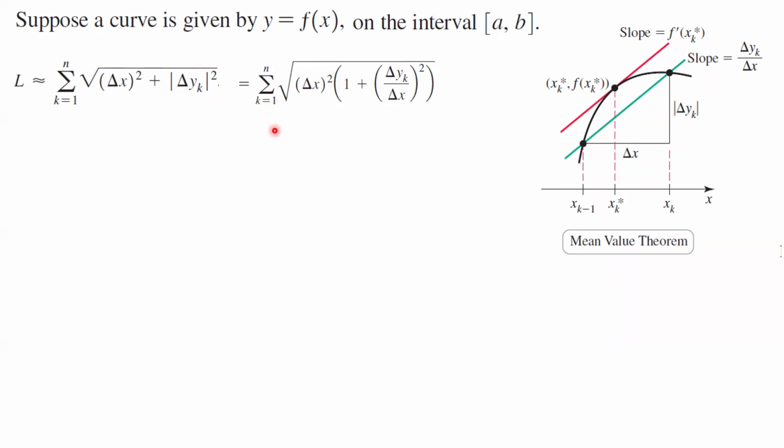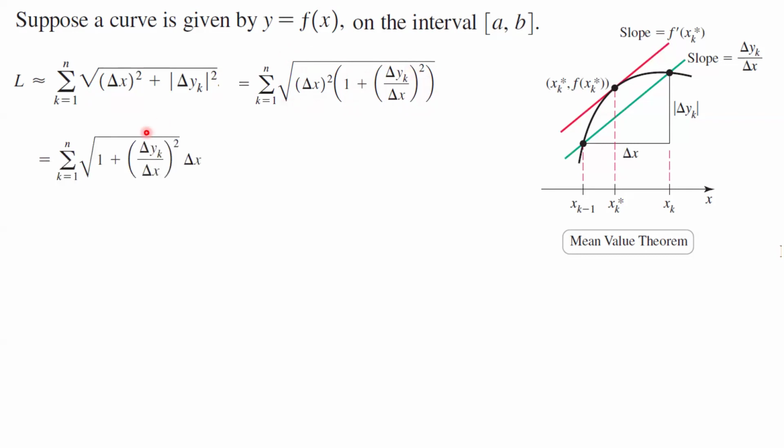In turn, you can factor out delta x. You can divide both of these by delta x to the second power and write this outside the parentheses. So you have the square root of delta x squared, parentheses 1 plus delta y_k divided by delta x to the second power.